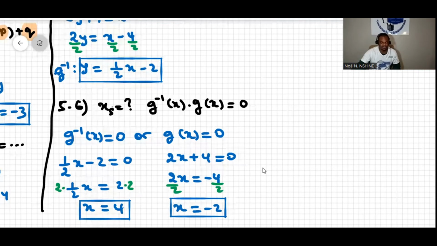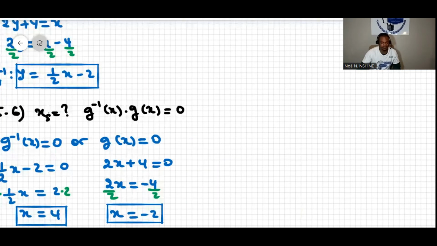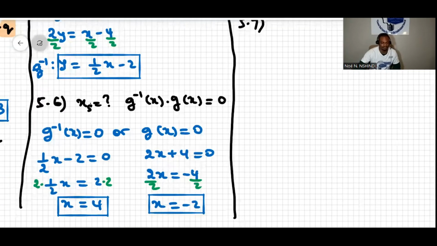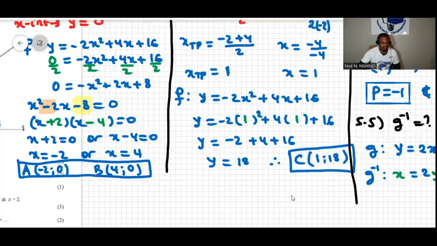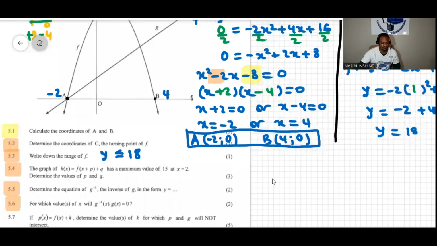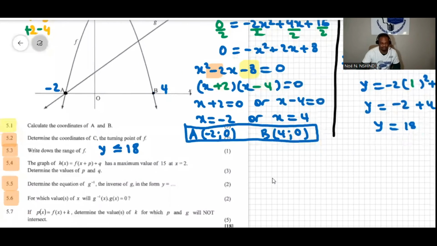Now comes the last question. Question 5.7.